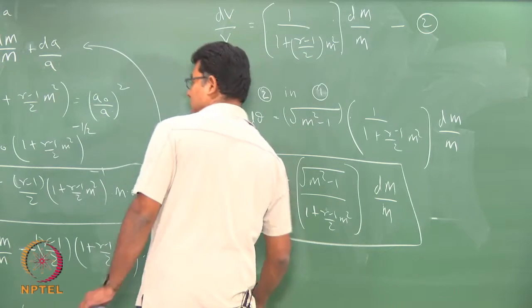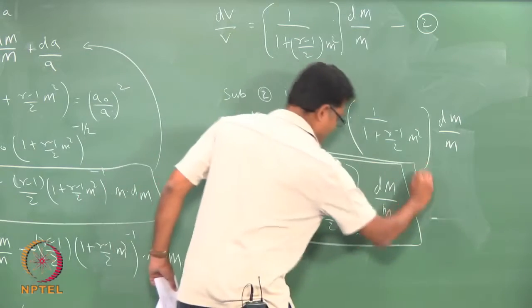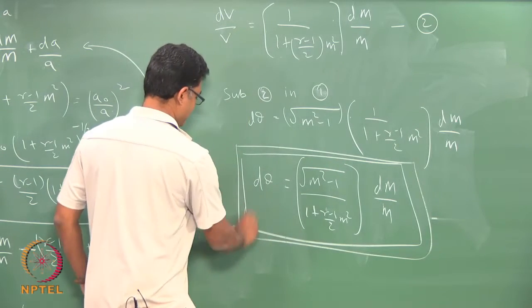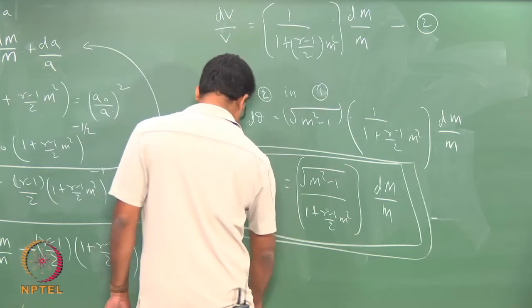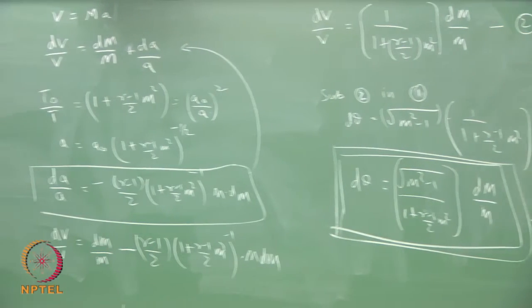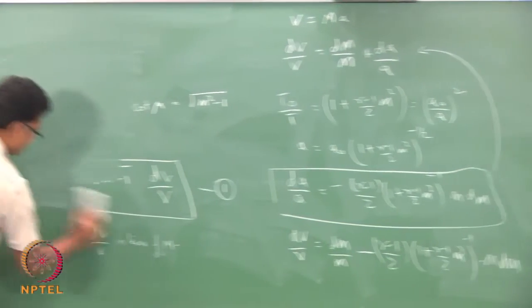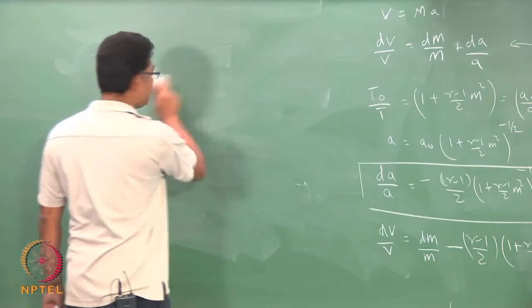So, all I do here is that particular one. This is the final equation. If you integrate this, you would get the Prandtl-Meyer function. What is important there is that your d theta is a function of Mach number and your gamma.